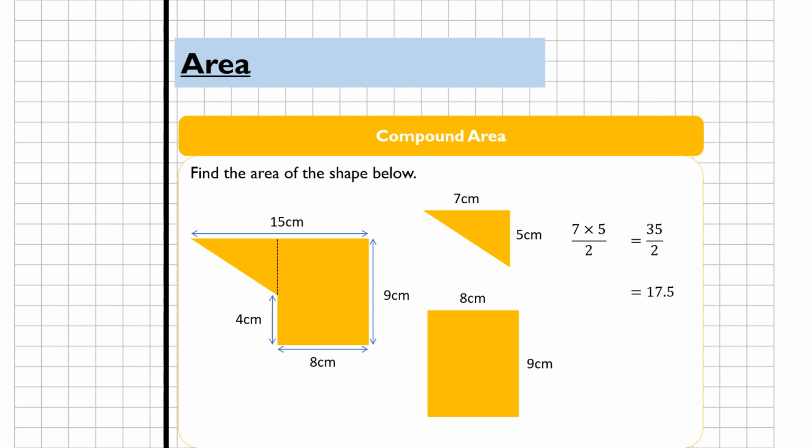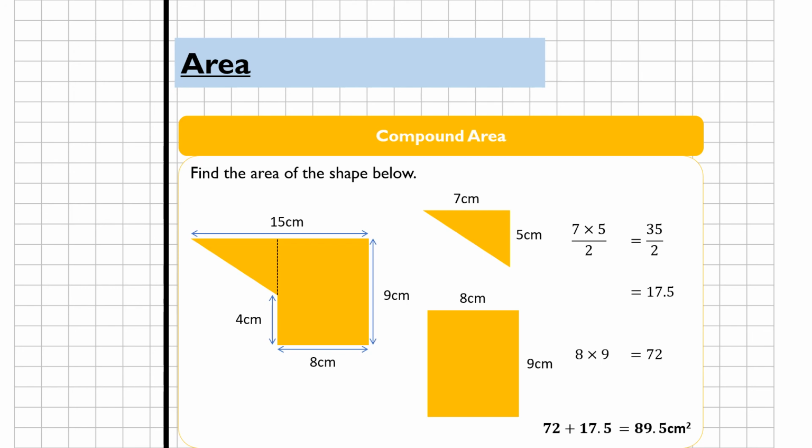The base is 8 centimeters. 9 centimeters times 8 centimeters gives me 72 centimeters squared. Altogether, we combined the two areas and we have 89.5 centimeters squared. And it is important that you have the correct units there.